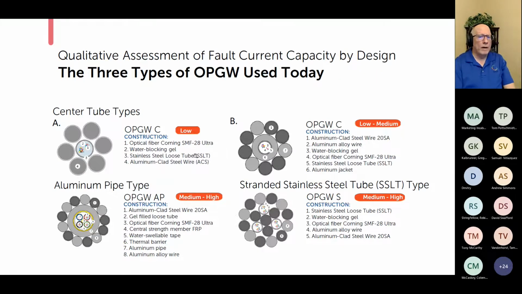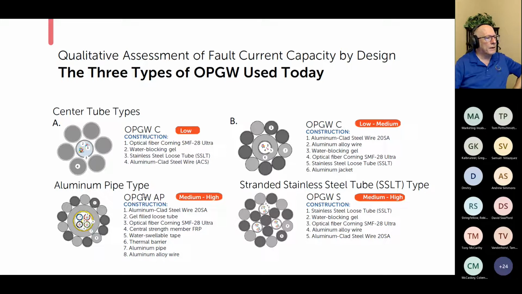So to give you a qualitative overview of cable designs that are used today, you have center tube types. Plain center tube construction, where it's just a stainless steel tube with wires stranded around it, always has low fault current capacity. When you have center tube design with aluminum, whether it's cladding or put into a pipe, you do get up into the realm of medium fault current capacities.